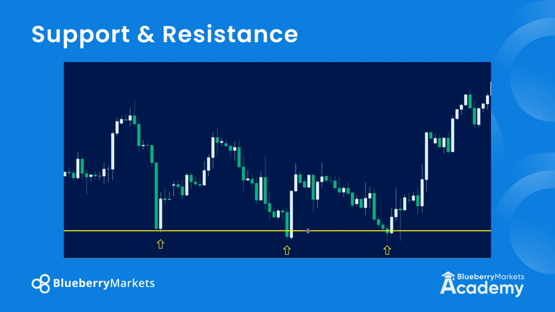A price level which has acted as support multiple times in the past is likely to be a stronger support level. Round numbers such as 1.1000 or 1.5000 often serve as support levels because traders place buy orders at these points.